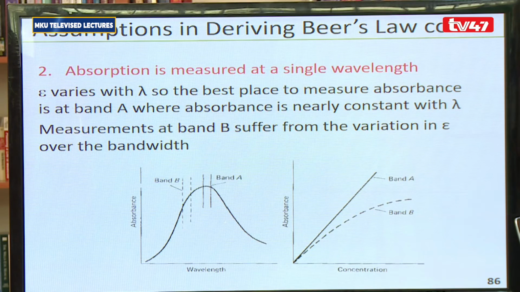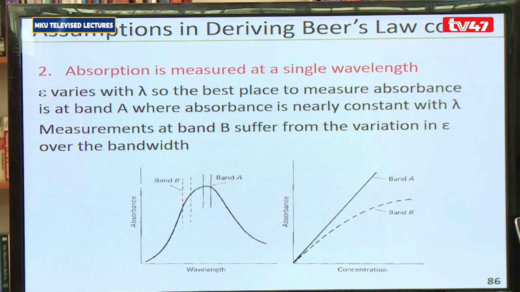The second assumption is that the absorption is only measured at a single wavelength. If absorption is not measured at a single wavelength, then the law breaks, such that you get a negative deviation, which is a decrease in absorbance from what you should actually record. Here we plot absorbance against wavelength, and you can either determine absorbance at band A or at band B. The problem with band B is that as the wavelength changes, the absorbance also changes, increasing.